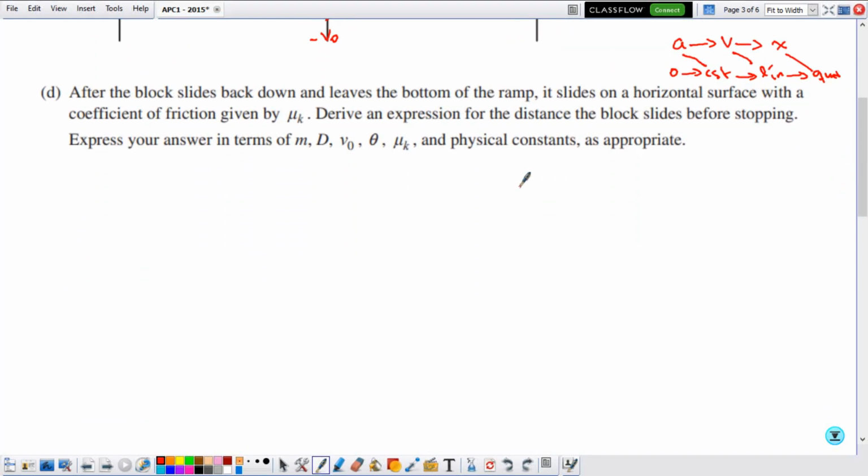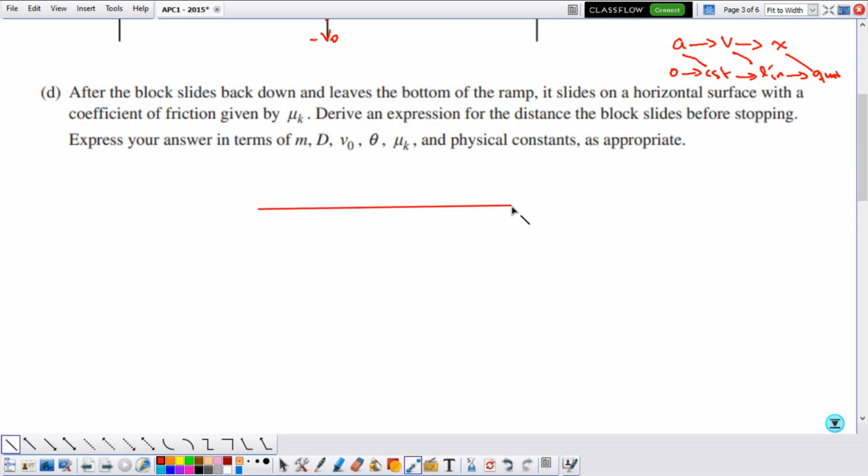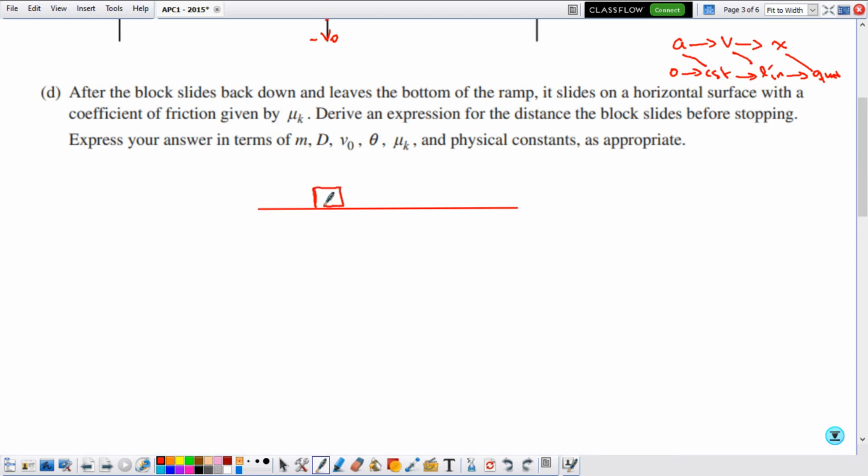Now part d. After the block slides back down and leaves the bottom of the ramp, it slides on a horizontal surface with a coefficient of friction given by mu k. So let me draw a horizontal surface. This is the horizontal surface, that would be the block, and because it's traveling to the right, let me choose the positive direction to be to the right.